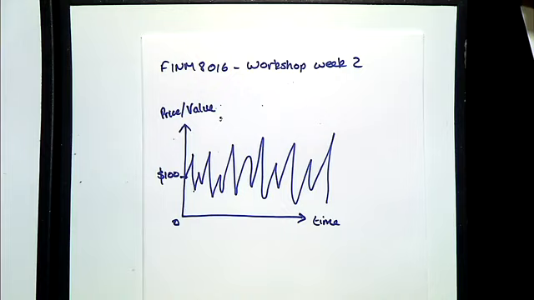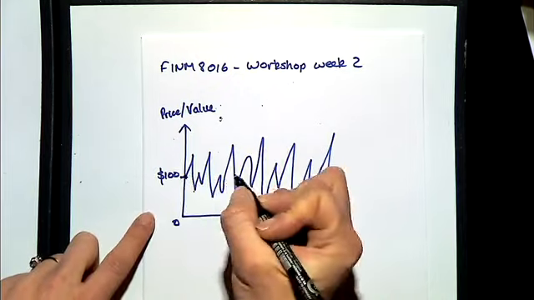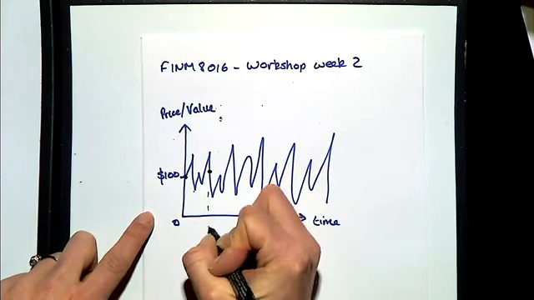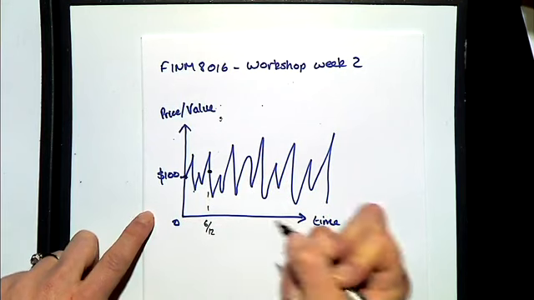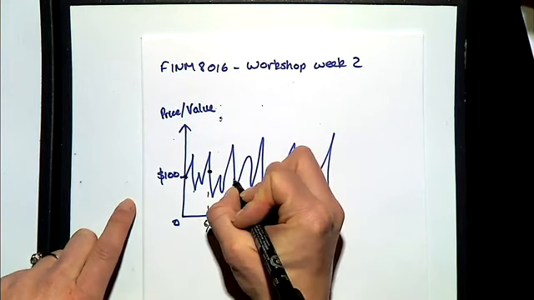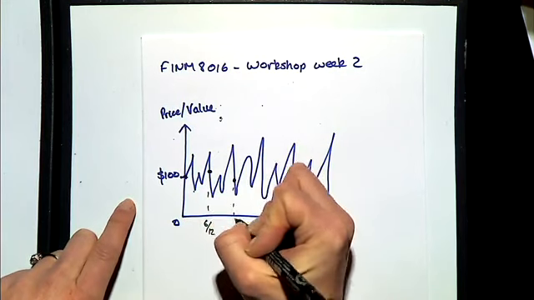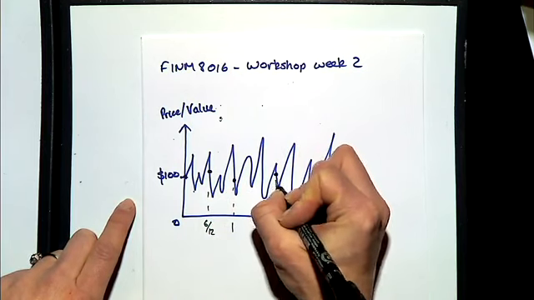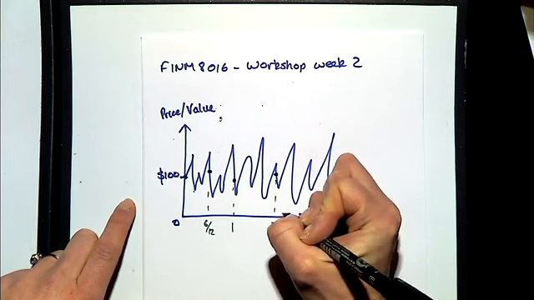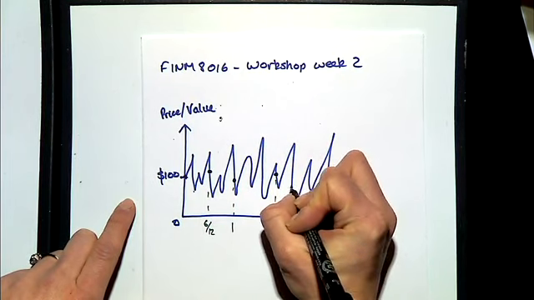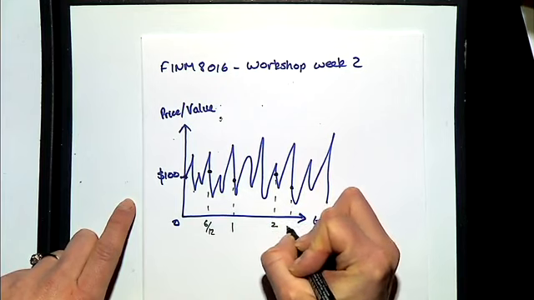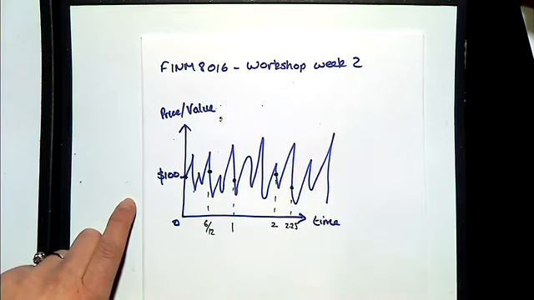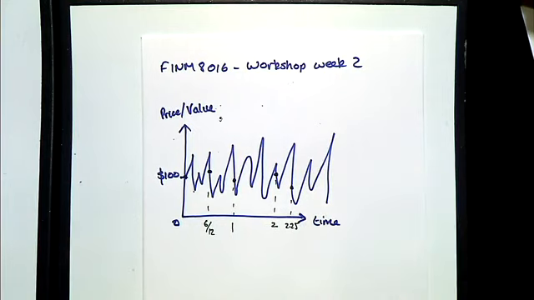Now let's say that the only trades happen at time 0, say time 6 months, 1 year, then nothing happens for 2. Maybe there's another trade three months after that, and so on.